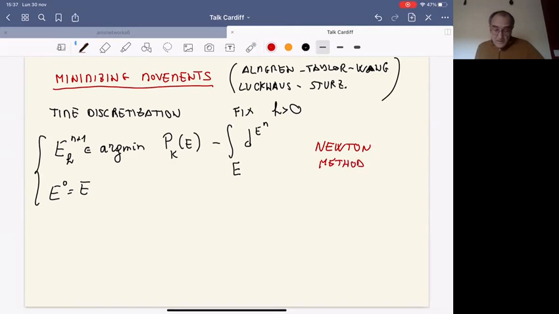So in this way you can construct, of course it's not unique, because as you see here, this problem can have more than one minimizer, but maybe you can select some minimizer, though in general it's not unique. You can construct in this way E_h(t) equal E_h, piecewise constant, jumping at each time, with the integer part of t over h. That's a discrete evolution.